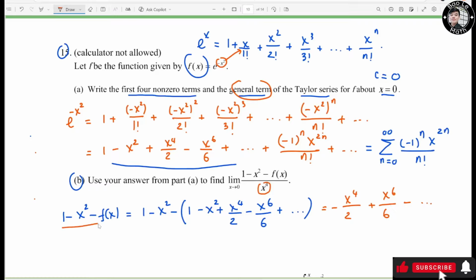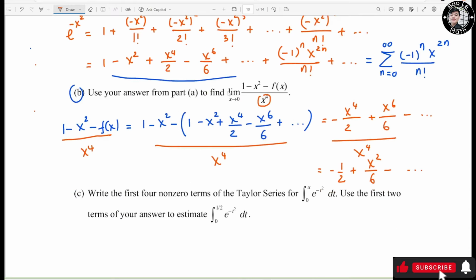If I take this one divided by s to the 4, it's the same thing as this term divided by s to the 4. So I'm going to end up with negative 1/2 plus s squared over 6 subtract etc. Now I need to take the limit of this.